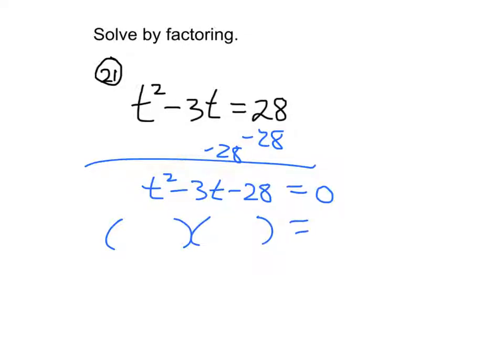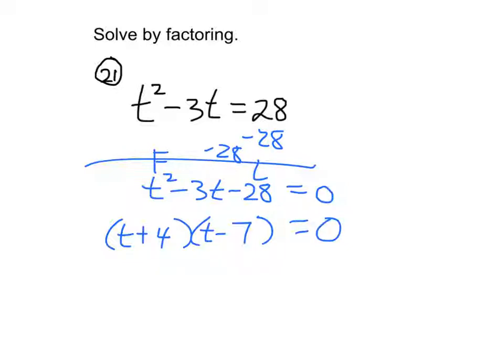We will factor this as t times t is t squared. Now we're trying to multiply two numbers to get negative 28. To get the negative, we'll have a positive and a negative. We'll do minus 7 plus 4. It multiplies to get negative 28.